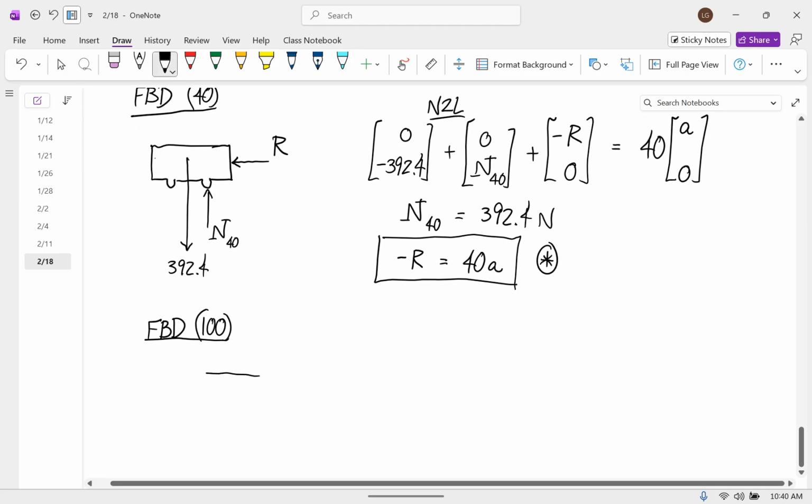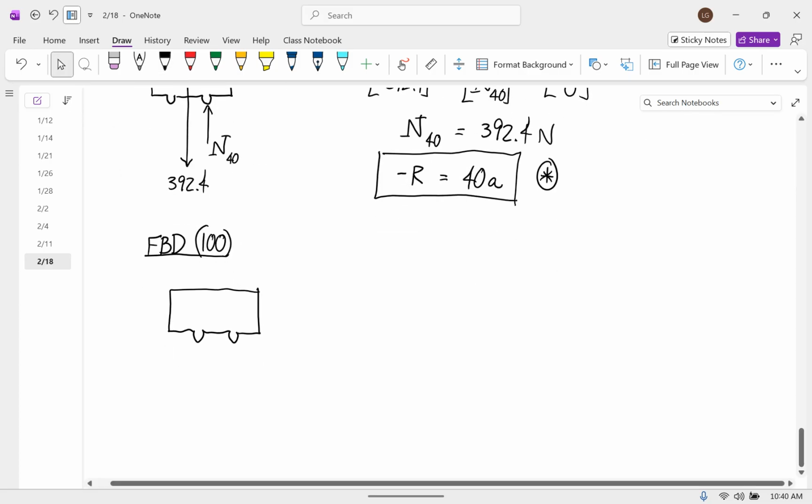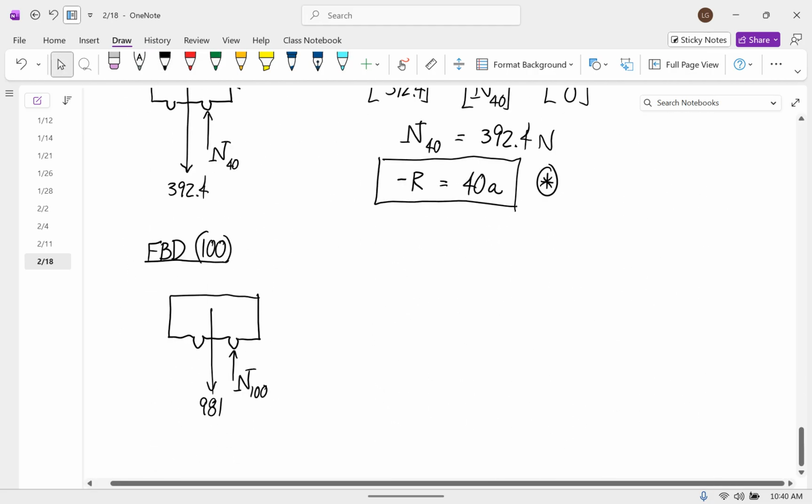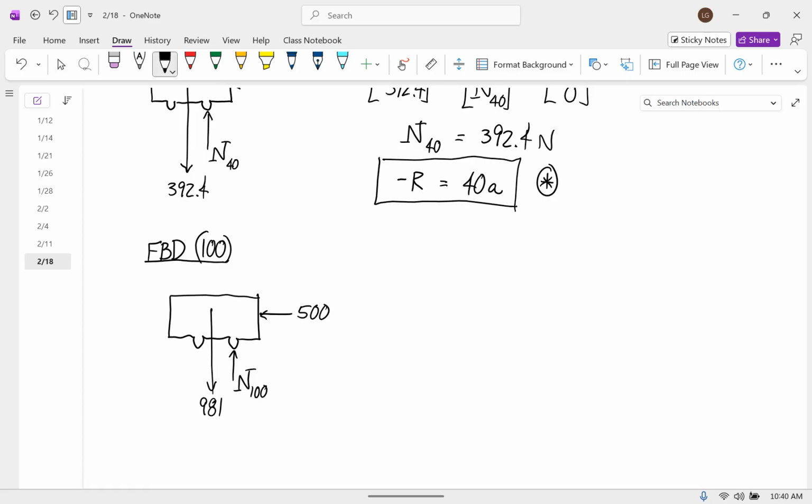And then we'll go to the 100 kilogram. There's a weight force down of 100 times 9.81, so that's 981. There's a pushing force up. That's N100. There's a 500 Newton force this way. And then the only other contact force is the force applied to the 100 by the 40.